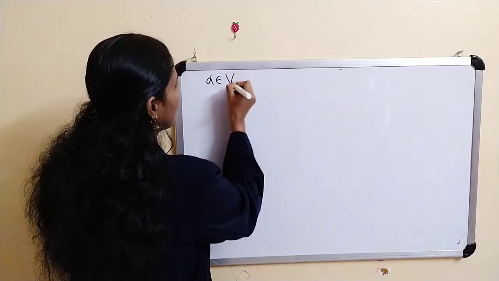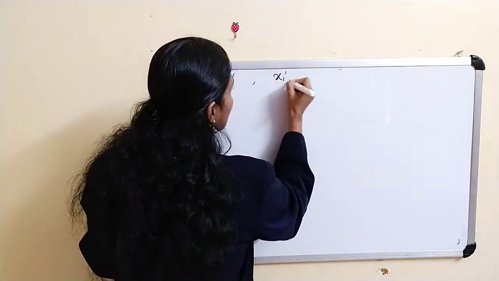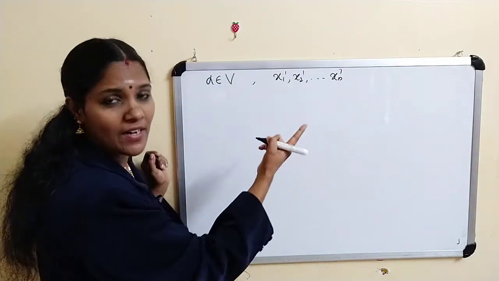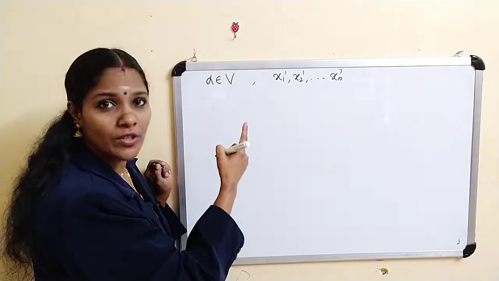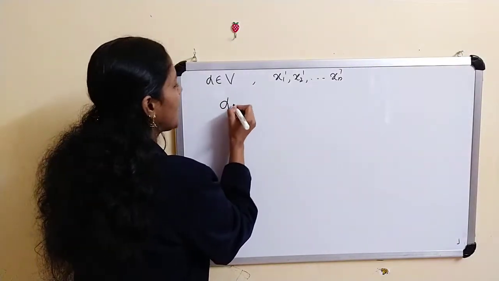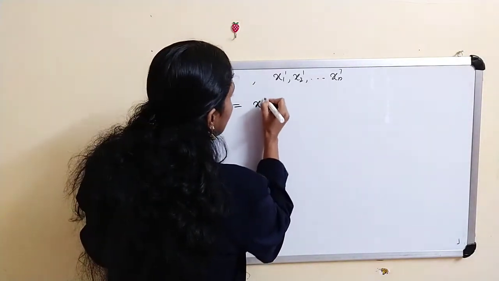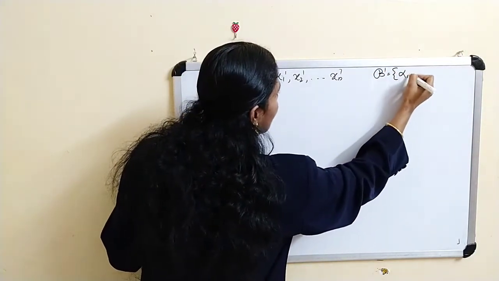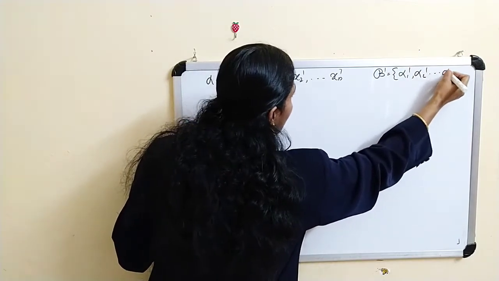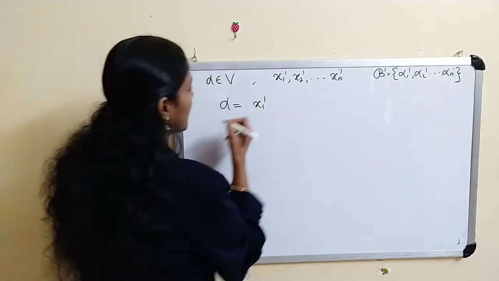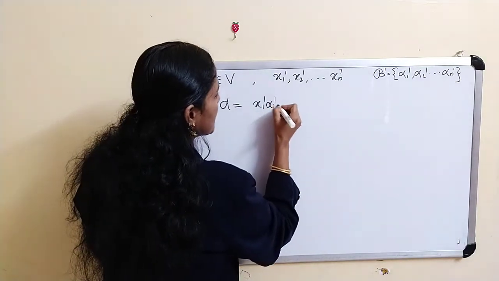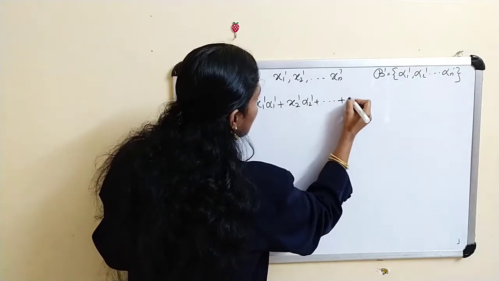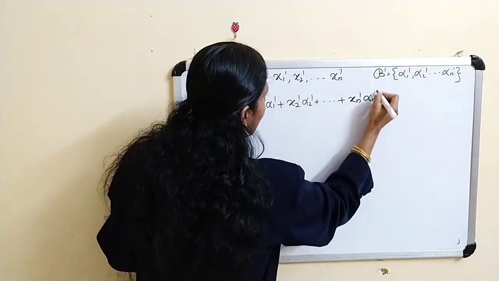So for alpha belonging to V, as x1 dash, x2 dash, etc., xn dash are the coordinates of alpha related to the basis B dash, you can write alpha in terms of the basis B dash. The elements of B dash are alpha 1 dash, alpha 2 dash, etc., alpha n dash. So alpha you can write as x1 dash alpha 1 dash plus x2 dash alpha 2 dash plus etc. plus xn dash alpha n dash.